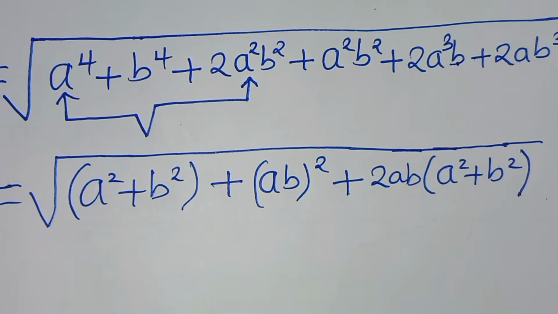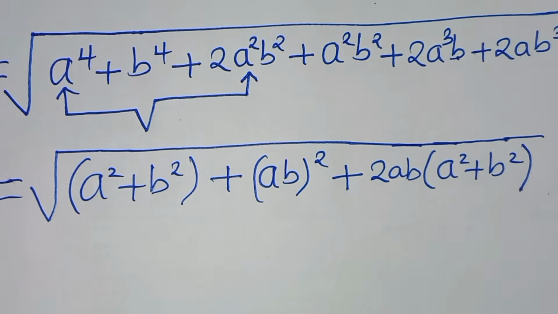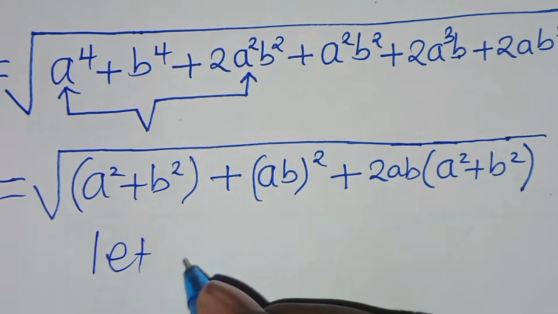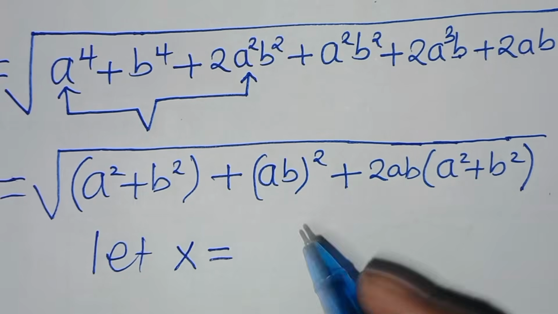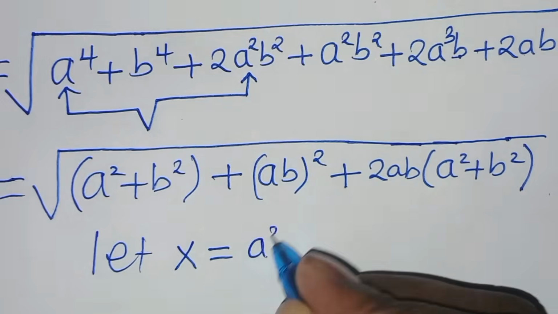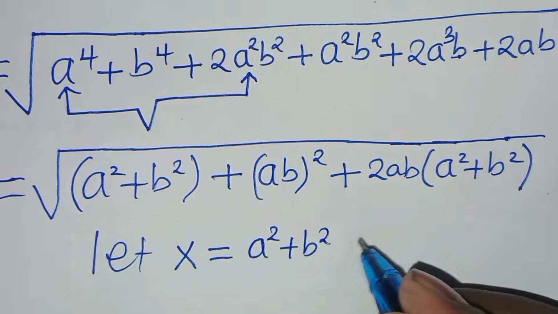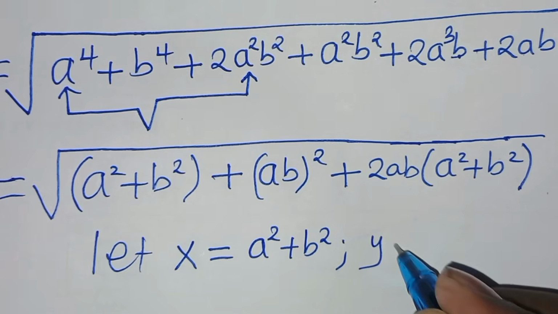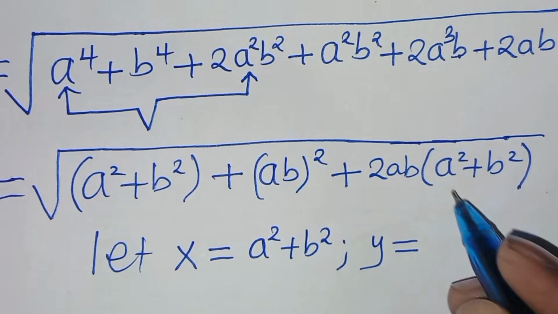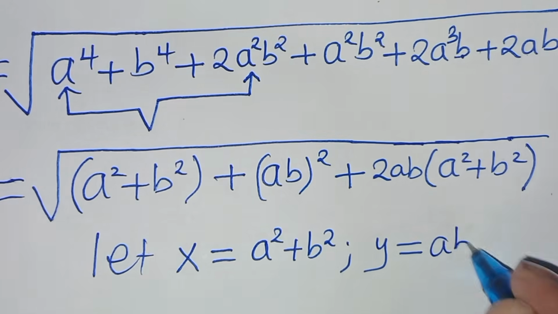Now, as you can check here, we can just let x be equal to a squared plus b squared, and let y be equal to ab.